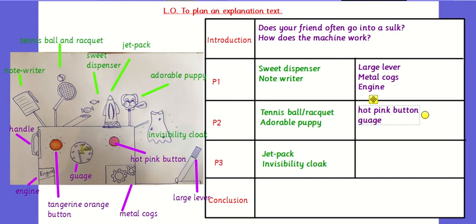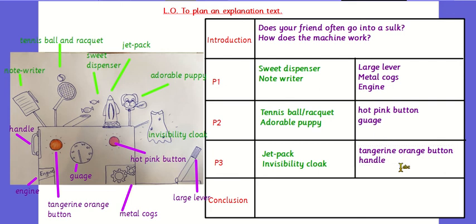So this is the gauge here. And in the final paragraph, I am going to have the tangerine orange button and I am going to have the handle.